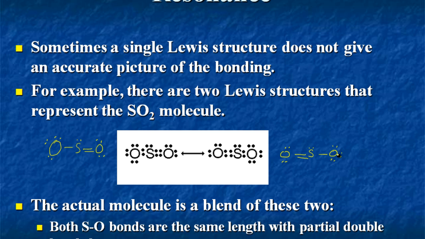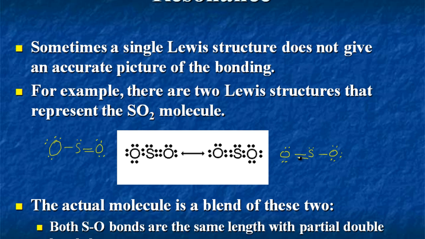So, as I said, if you go and take an actual sample of SO2 molecules and analyze it, it's not going to be that some molecules are like this and some molecules are like this. It's not the case. In reality, the molecule is going to be a blend of these two. In other words, well, these two bonds are different. One is a double bond between oxygen and sulfur, and one is a single bond between oxygen and sulfur, right? So definitely the strength of a double bond is different from a single bond.